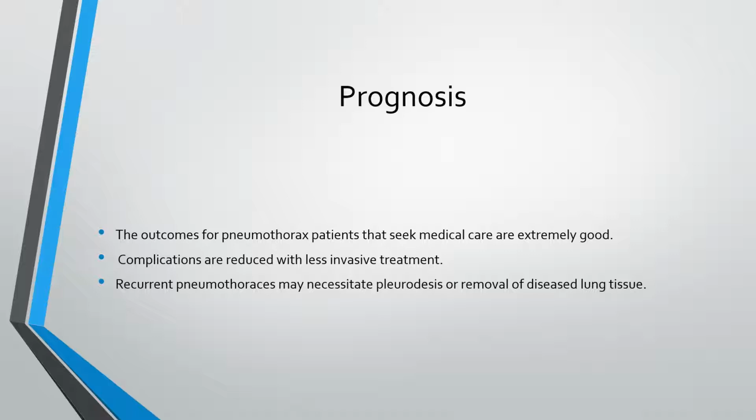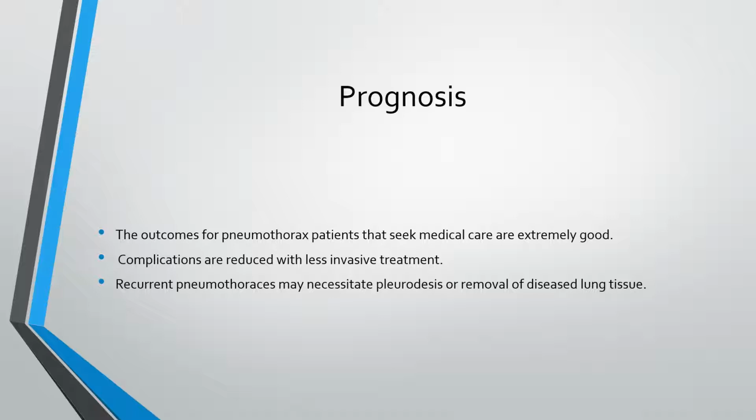However, every procedure has its risks, and complications are more prevalent with pneumothoraxes that require invasive treatment, with up to an 11% complication rate. These complications can include tension pneumothorax, empyema, hemothorax, and subcutaneous emphysema, whereas complication rates are virtually non-existent for conservative treatment.